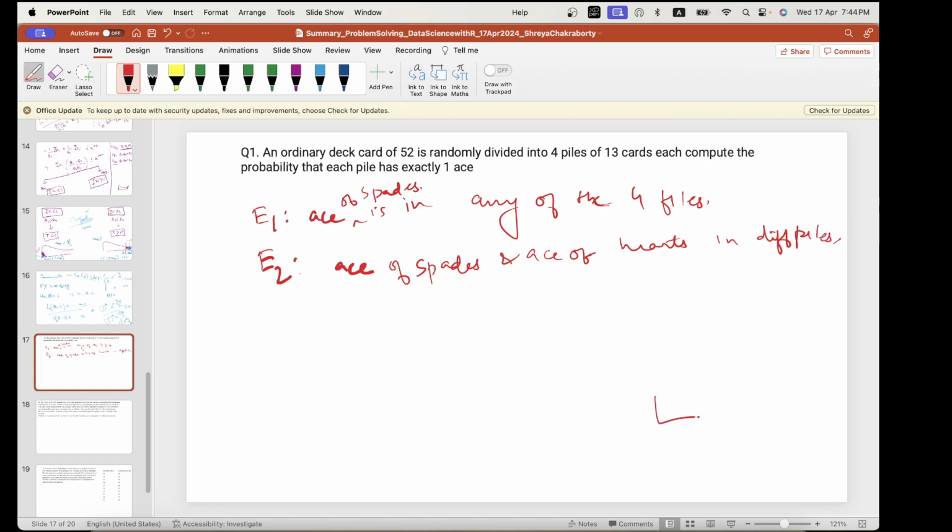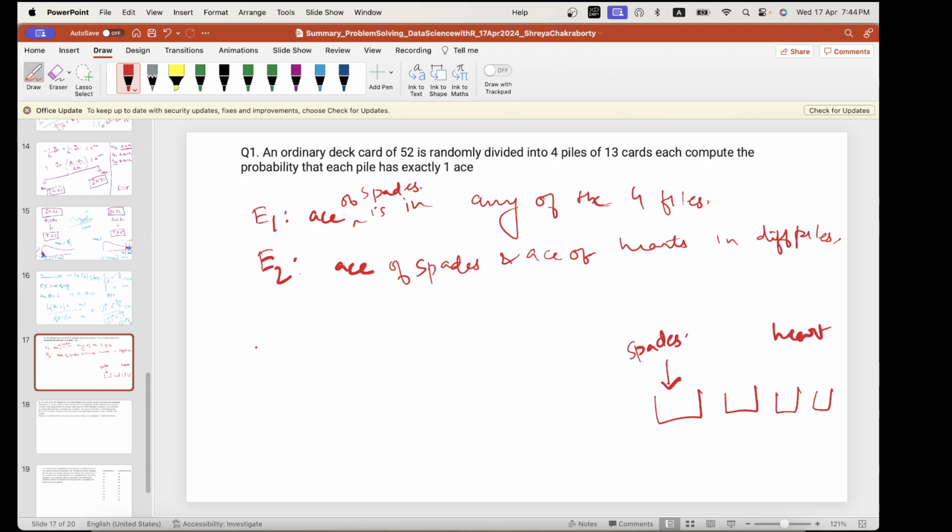You have four piles, one, two, three, and four. First, you say that ace of spades should come here. Then if spades comes here, heart has to go somewhere else. So heart and spades have to be in different piles.